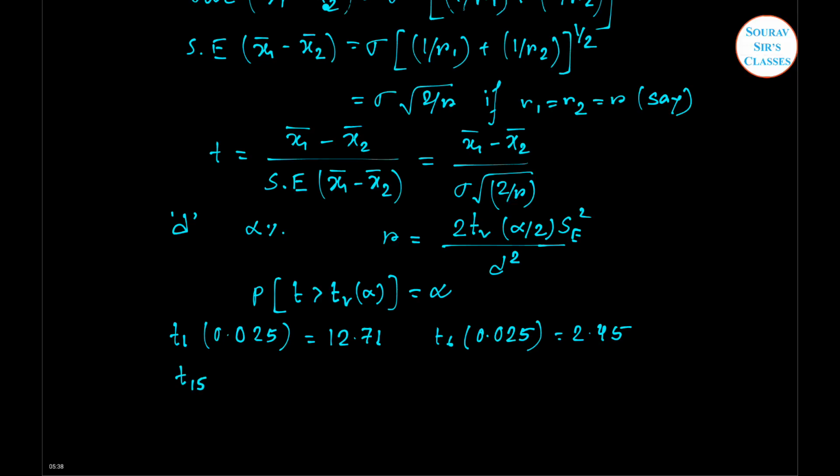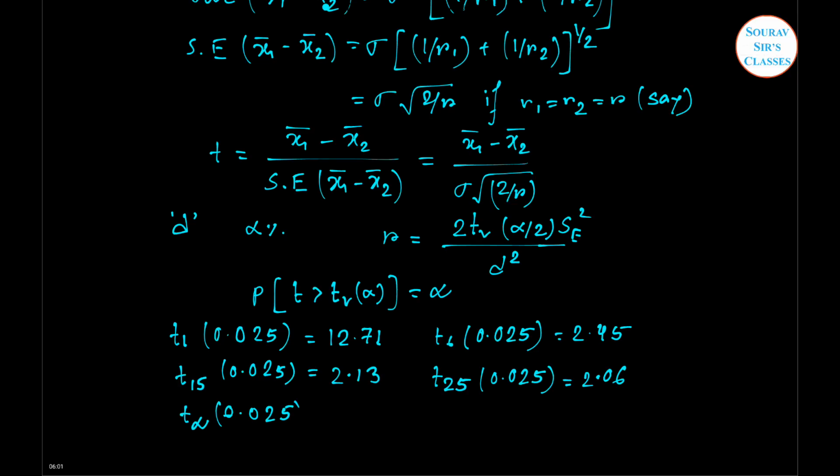Like that, t15, 0.025 equals 2.13 and t25, 0.025 equals 2.06. Therefore t infinity, 0.025 equals 1.96. Thus, the increase in the number of replications will result in increased accuracy, since in that case even a small difference will be detected.